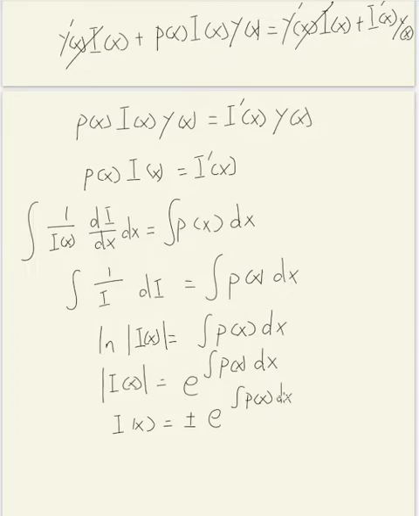So this is technically the complete answer. But remember that the integrating factor is any function that satisfies this condition. So we just pick positive. You can certainly pick minus e to the integral of p of x dx. You can even pick 2 times this, but why make it more complicated, right? So we usually just pick the simplest one.